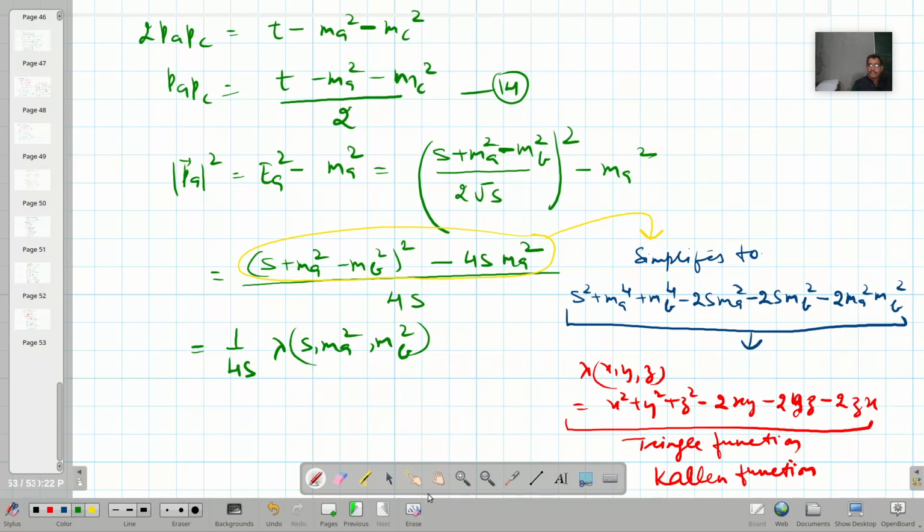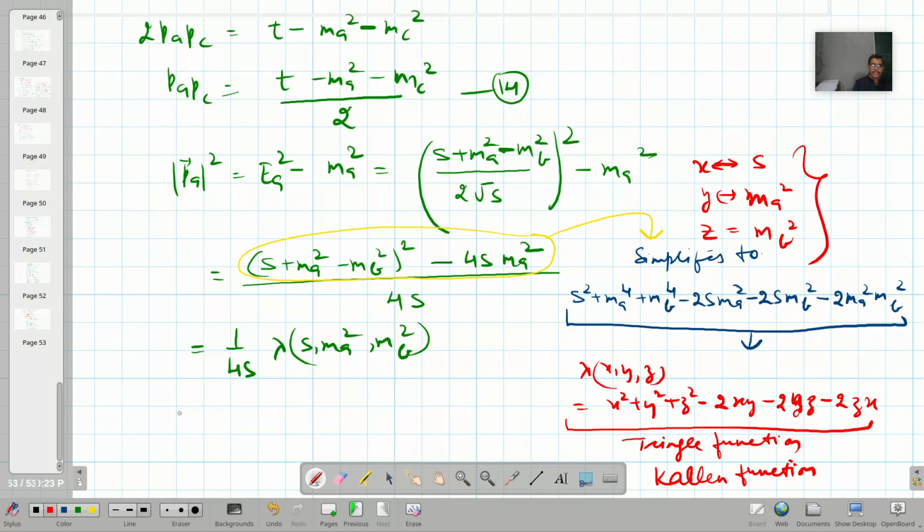That means this x is s, y is ma square, and z is mb square, right? So therefore it is equal to this one.